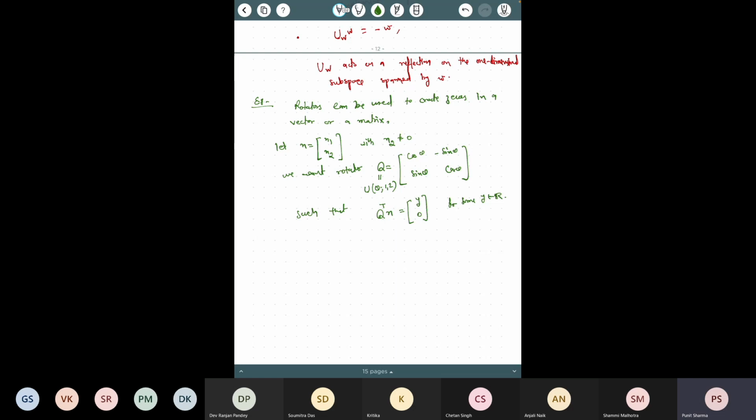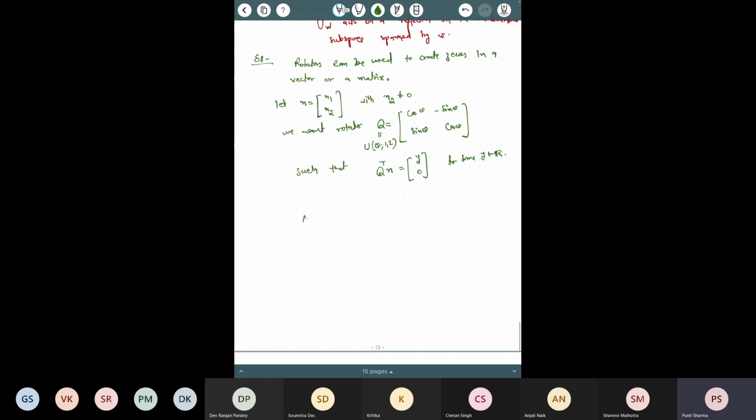The main thing is that we need to find theta so that we can achieve this. If we know theta, then we know this Q. So let us see what Q transpose x is. Q transpose x is the matrix with rows cos theta, sin theta and minus sin theta, cos theta, times x1, x2.